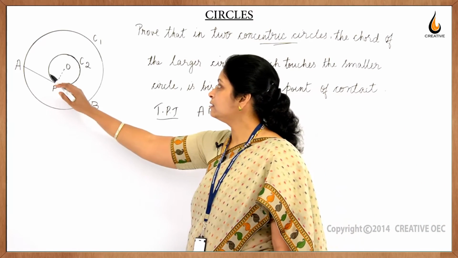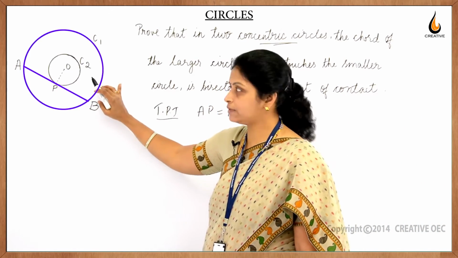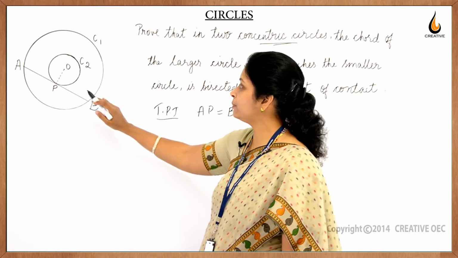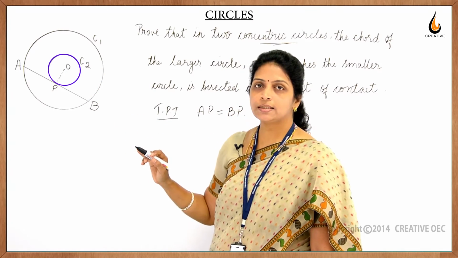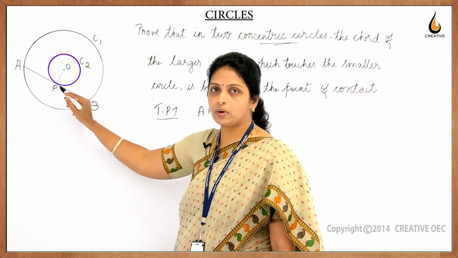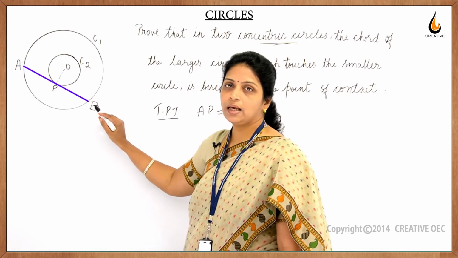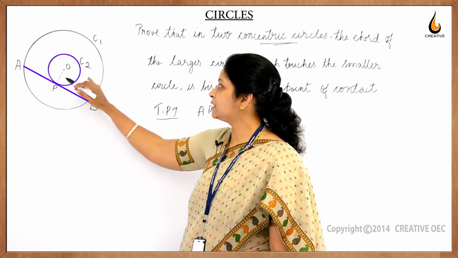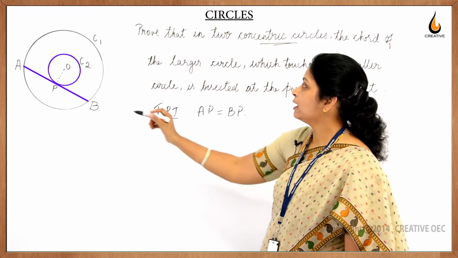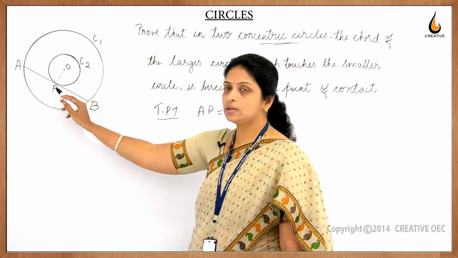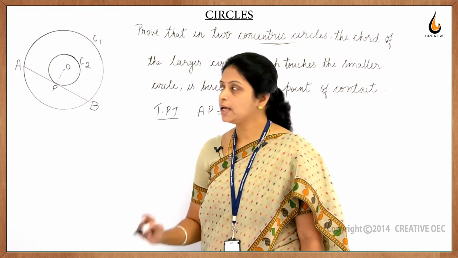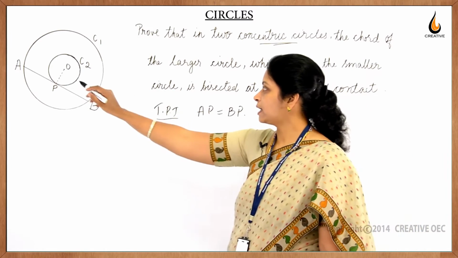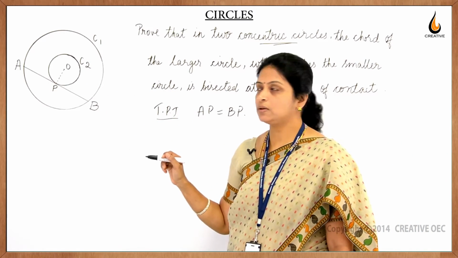In this, we will consider the smaller circle C2 first. AB is a chord to circle C1 because it touches C1 at 2 points A and B. At the same time, it is touching the smaller circle C2 at the point P at one point. So, we can call AB a tangent to circle C2. Because AB is a tangent to C2, if we draw a line from the center to the point of contact, that will be the radius, and according to theorem 1, this radius and the tangent are perpendicular to each other.